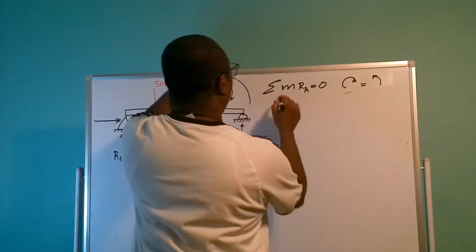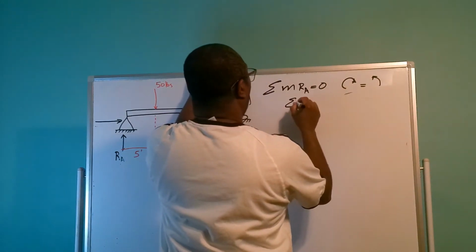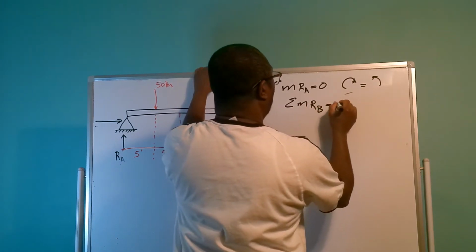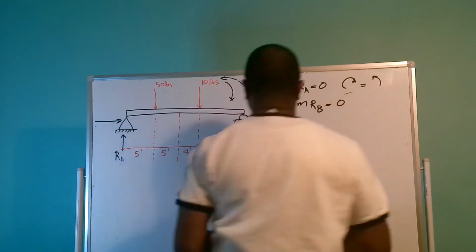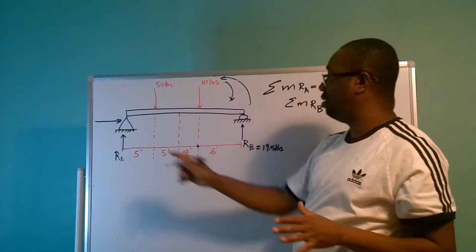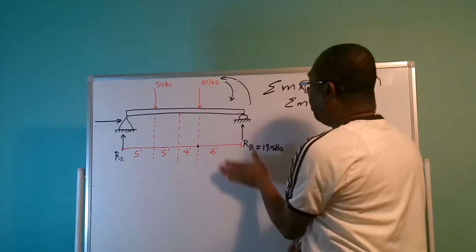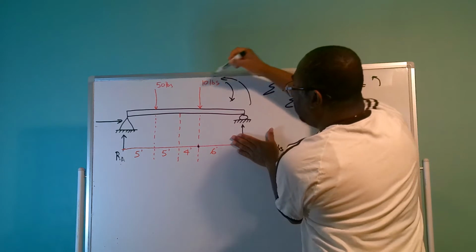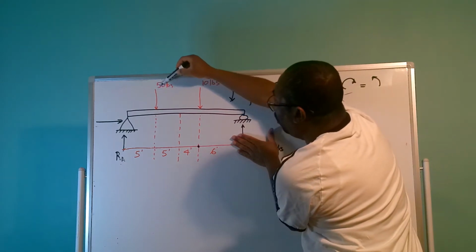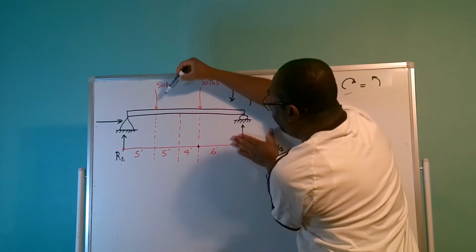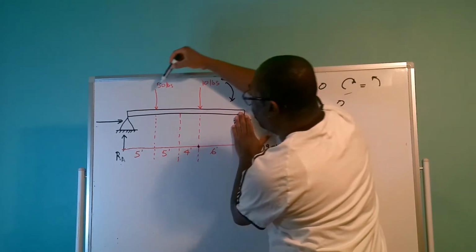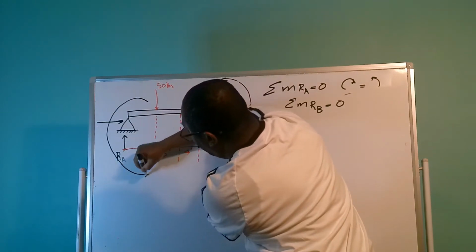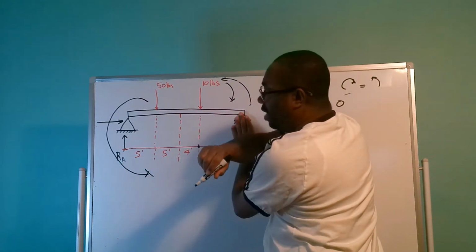So we're going to have the summation of moments at RB equal to 0, similar to what we have done at RA. We're going to deal with this 50-pound load here. If you hold the beam here and the load is coming down, it's going to turn the beam this way, and that is anti-clockwise.